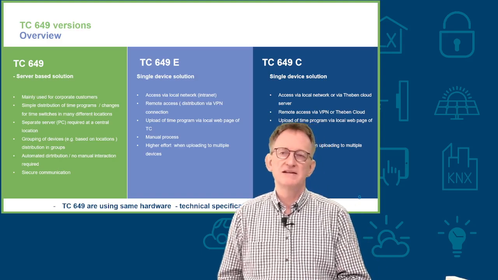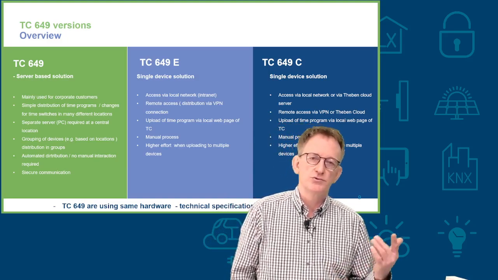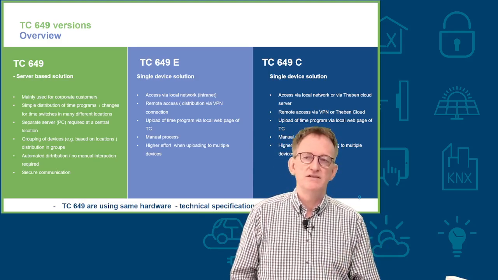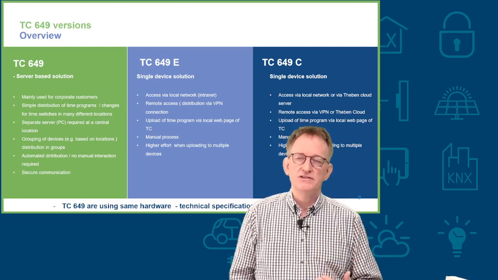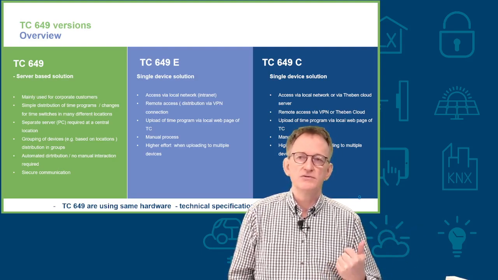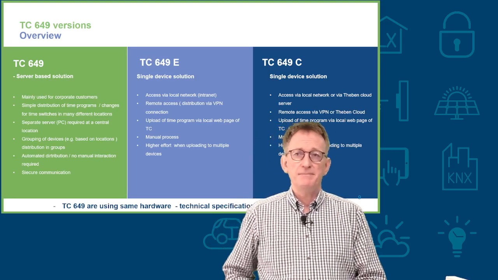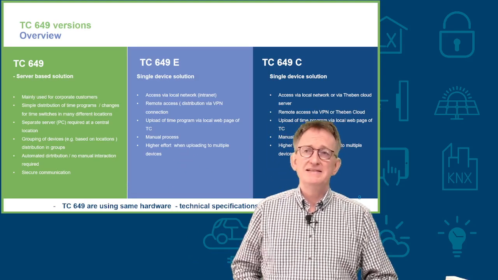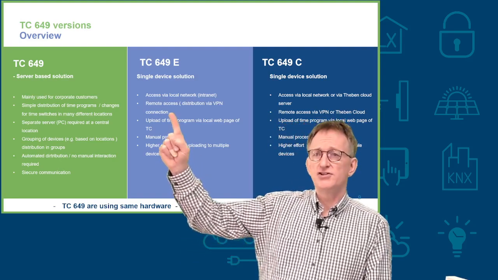So it's more a single device solution where you have probably 1, 2, 3 devices of the TC within your intranet, which you would like to use to switch on lights or open and close doors or whatever you would like to do with that. That's the idea of the TC649E and C.